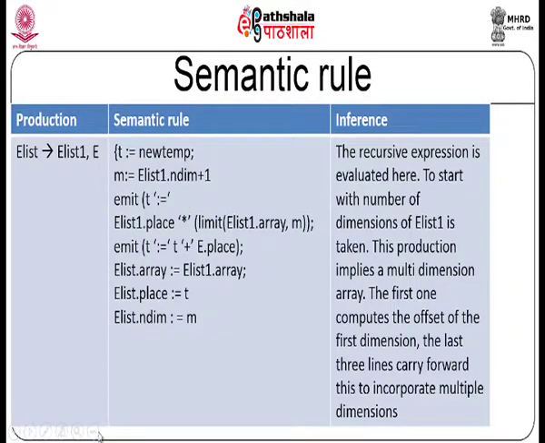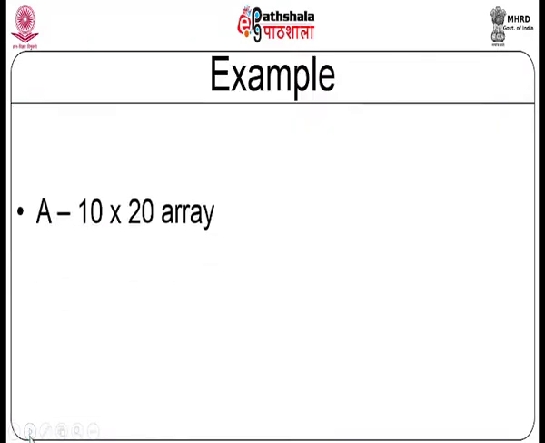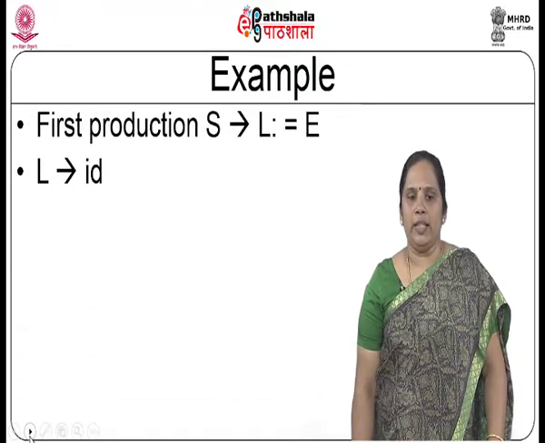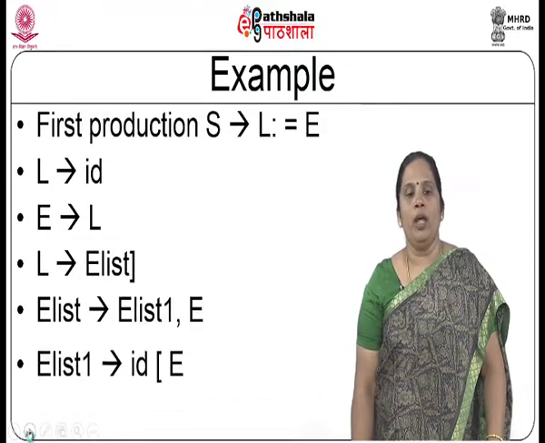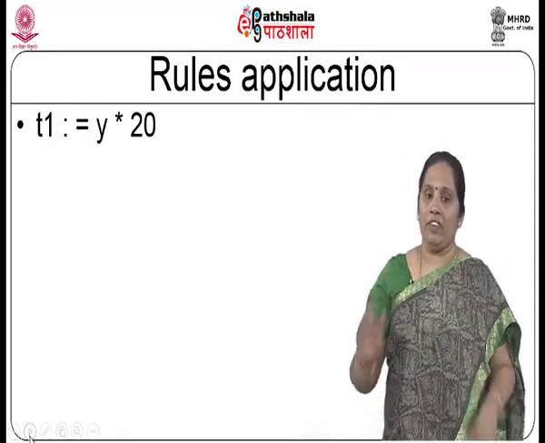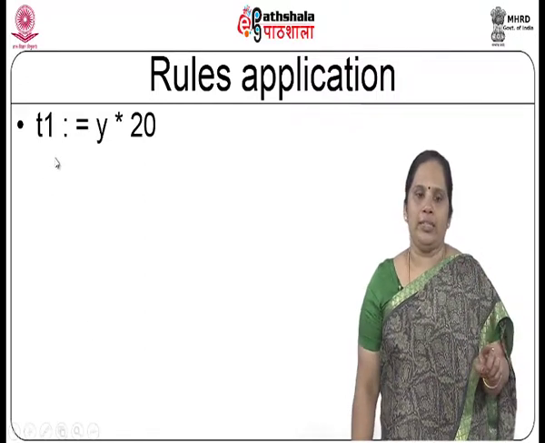With that in mind, if you could get your next steps listed out, we know that this is the sequence of productions which we have already seen, and the rule application will first compute Y into 20 because I have to refer to A of Y comma Z. Now I know T1 is there.